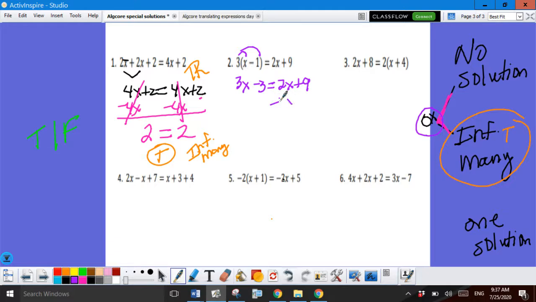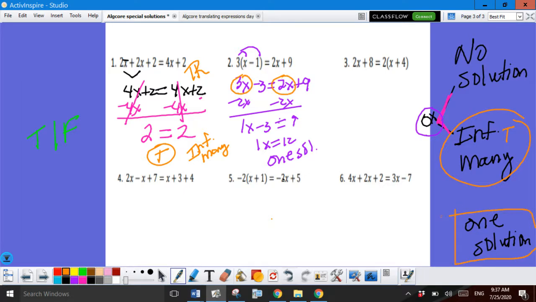If I subtract 2x, I come up with 1x minus 3 equals 9. And moving my 3, I come up with 1x equals 12. So this is one solution. If these do not match, then it is one solution. That's a real easy way to determine what my possible answer could be.